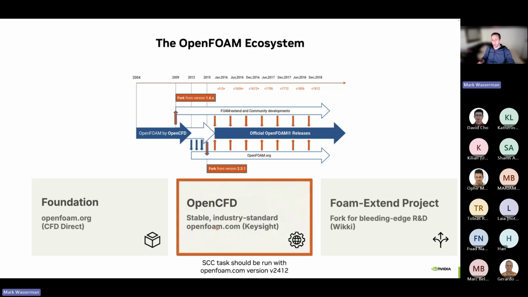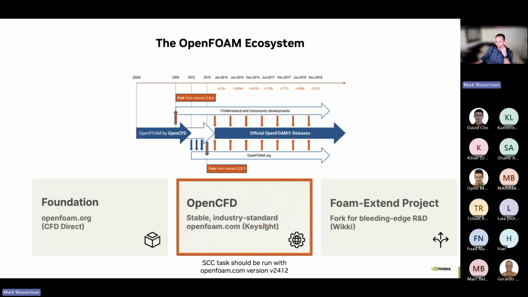It's a model that can be found in other software as well. And the third fork is Foam Extend, which is a fork maintained by another company, also by one of the founders that originally developed the code in the academy. And this is a fork that is mainly used for testing bleeding edge R&D or state-of-the-art developments before they are merged into the mainstream OpenCFD version.